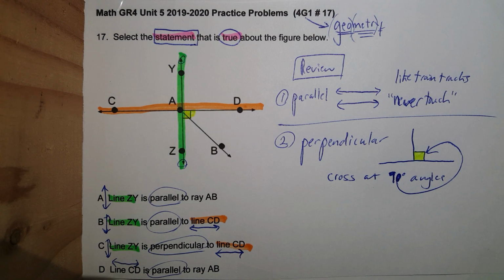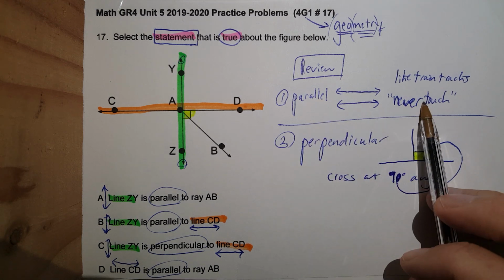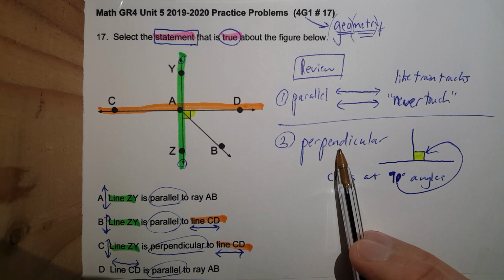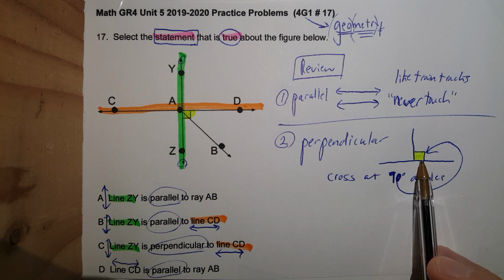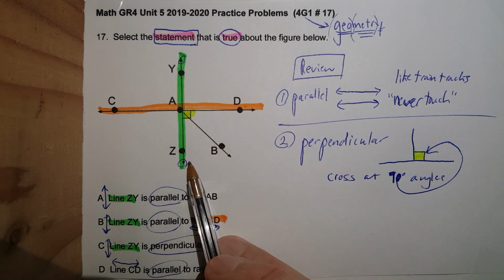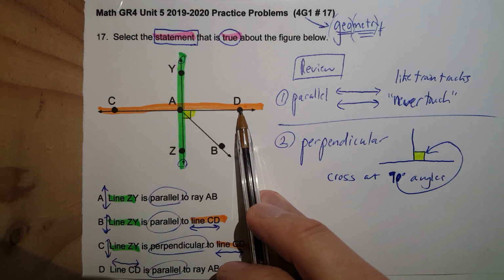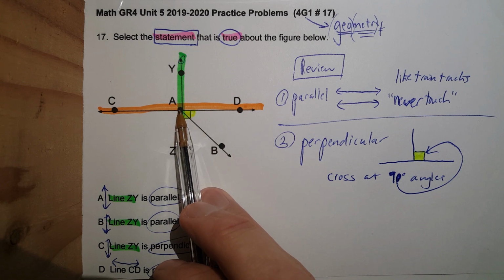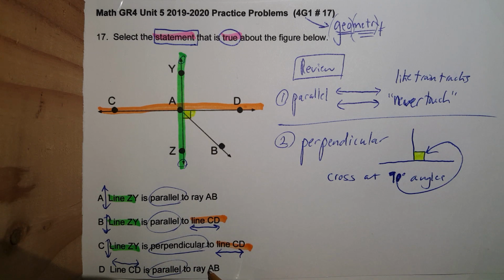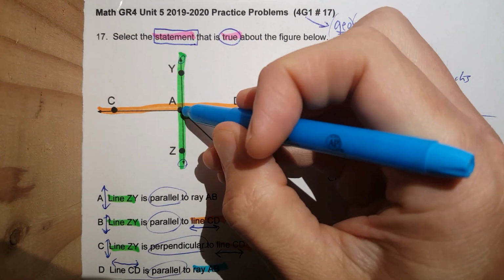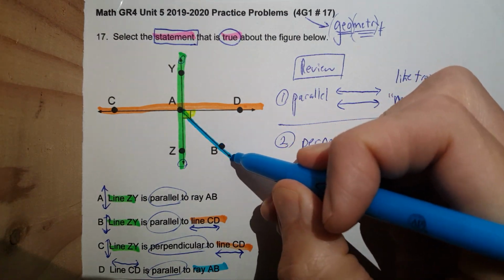Okay, so now we know that parallel lines never touch. They're like train tracks. Perpendicular lines cross at 90-degree angles. So YZ would be perpendicular to AD. Now, notice how this ray, which I'll put in blue, starts at a point and shoots straight out.